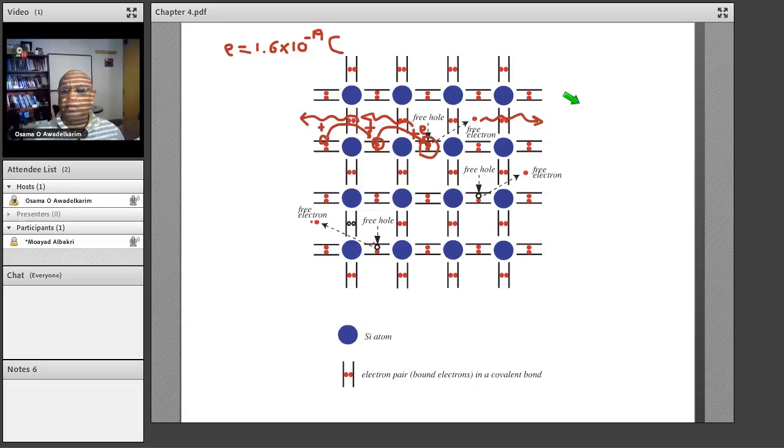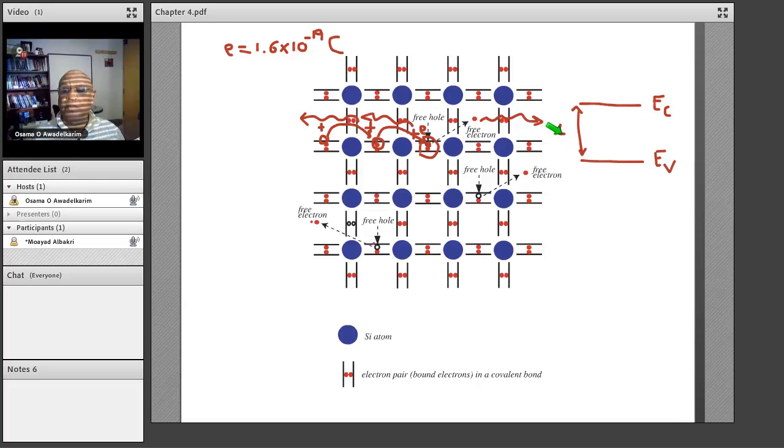In terms of bands, we have the conduction band and the valence band, and we have the band gap right here, Eg.